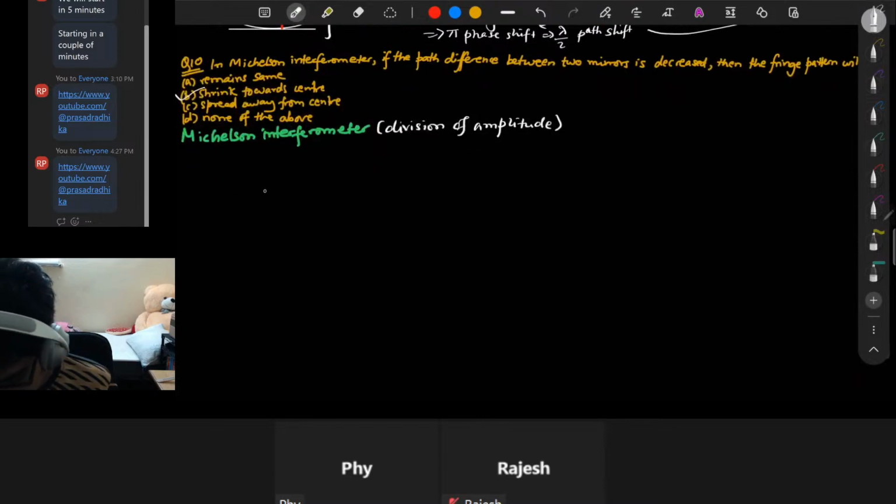And let me draw the setup. So we have a beam splitter. There is a source, and we have a ray coming in. And then we have a ray which gets reflected from the beam splitter.